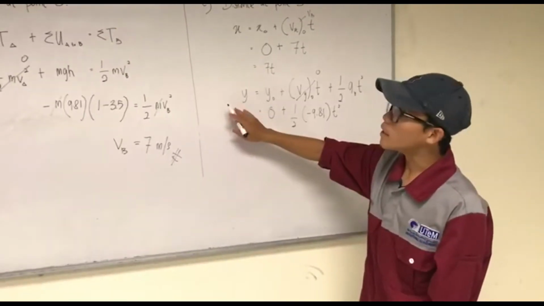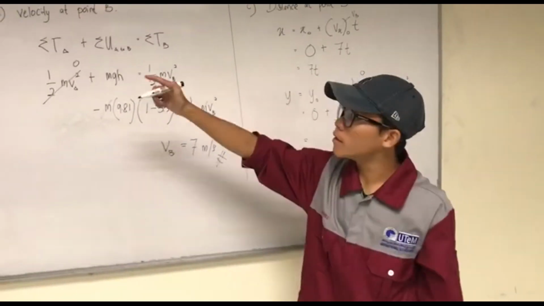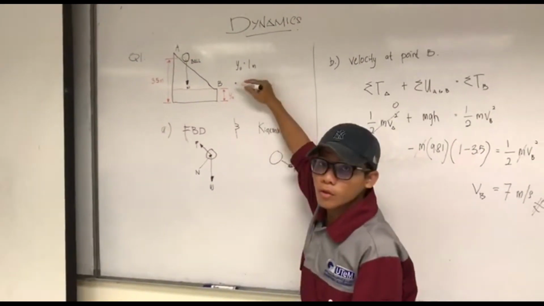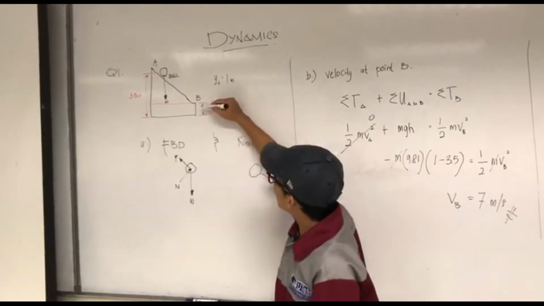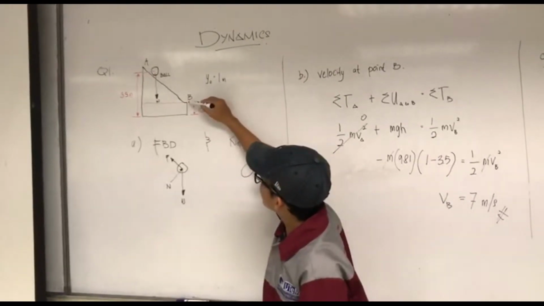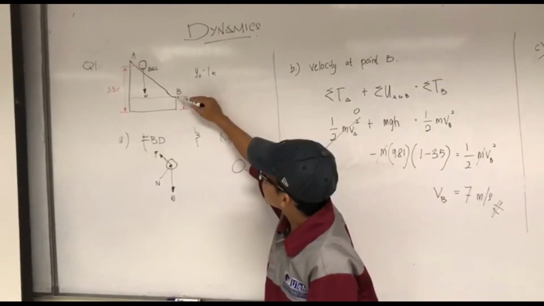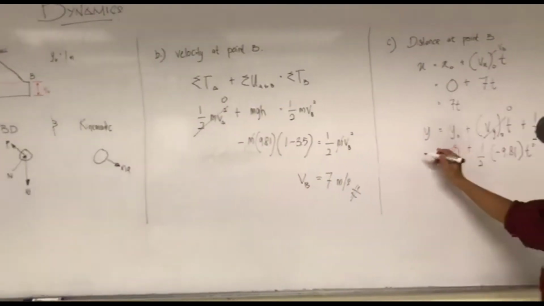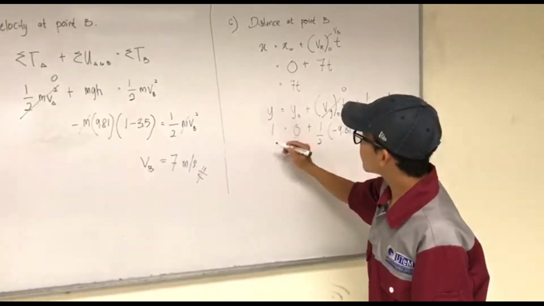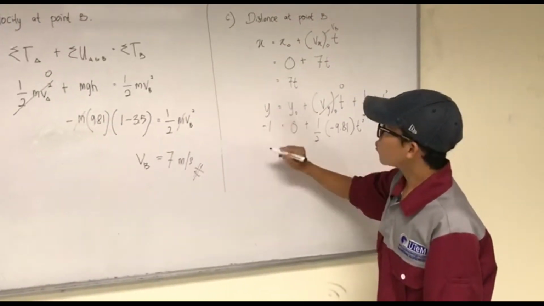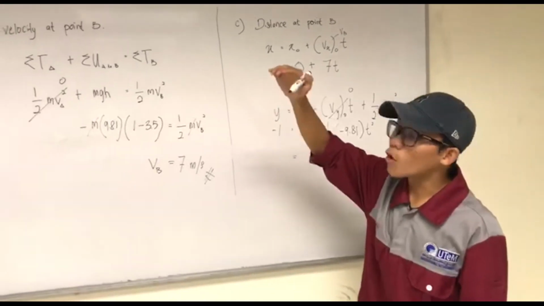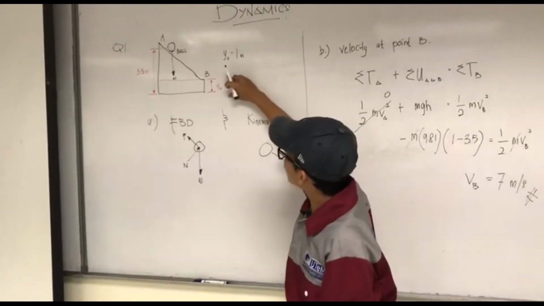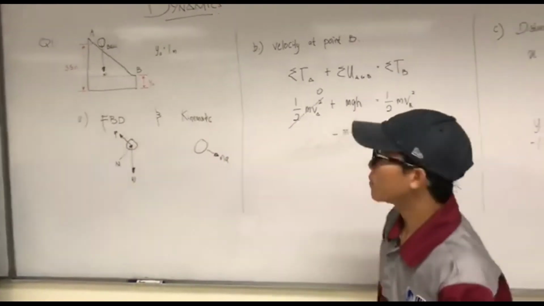Y is the vertical at point B. So also we know the vertical from point B to the ground is 1. So at y we know negative 1. Why negative? Because the ball goes from point B to the ground. So negative 1.